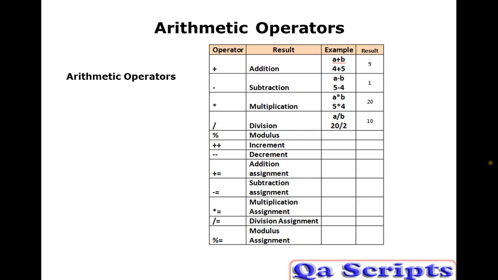We have already observed how to add and subtract numbers in our previous video. In this video, let us take an example for increment as well as decrement arithmetic operators.